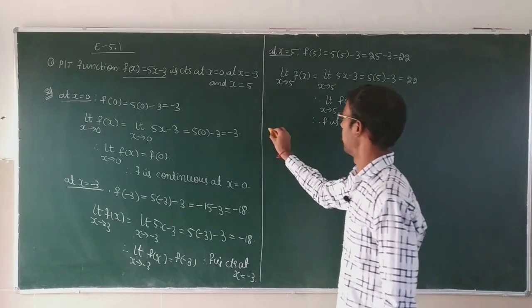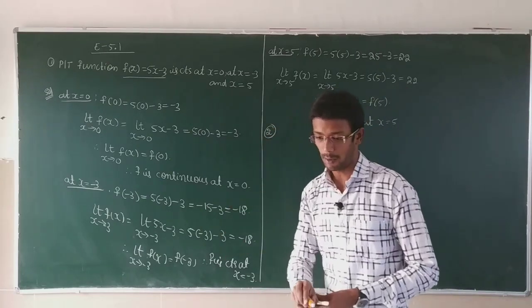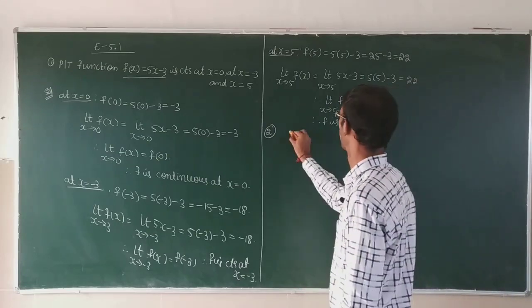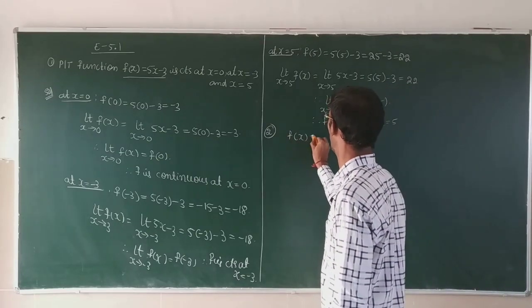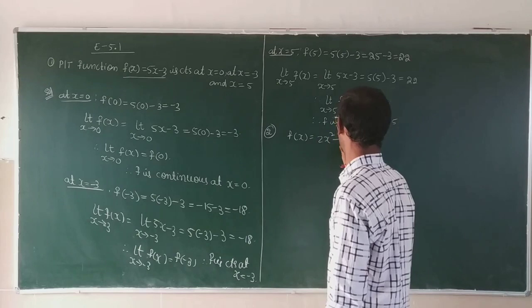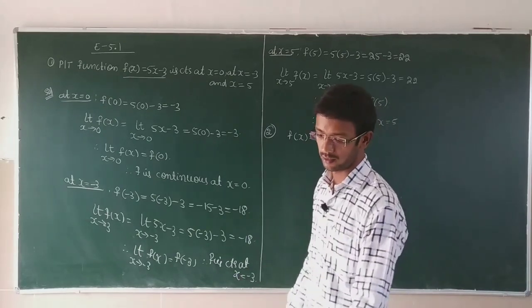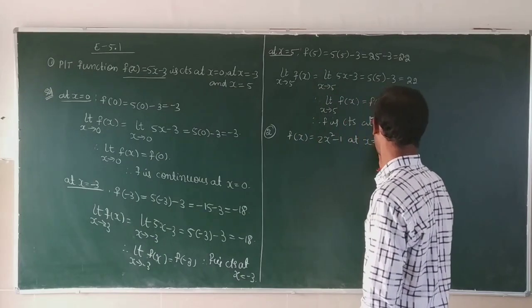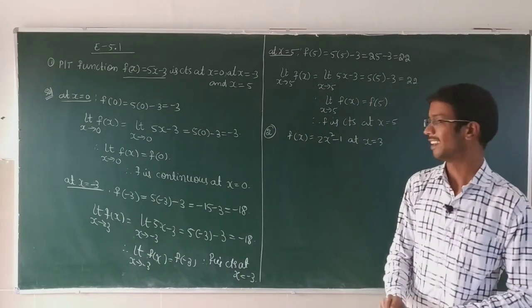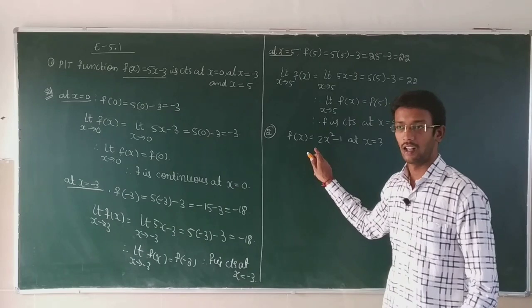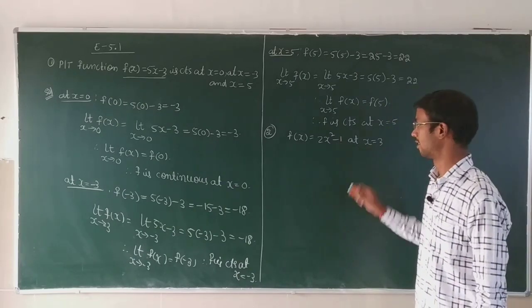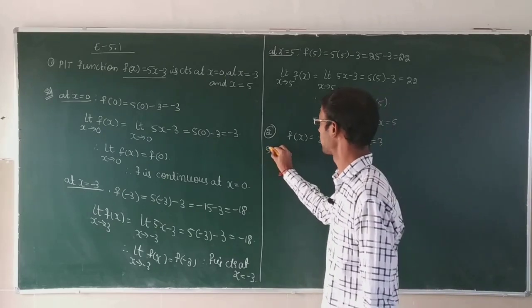Next, problem number 2. Examine the continuity of the function f of x is equal to 2x square minus 1 at x is equal to 3.